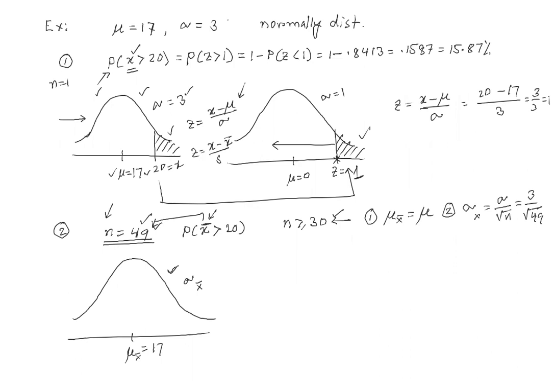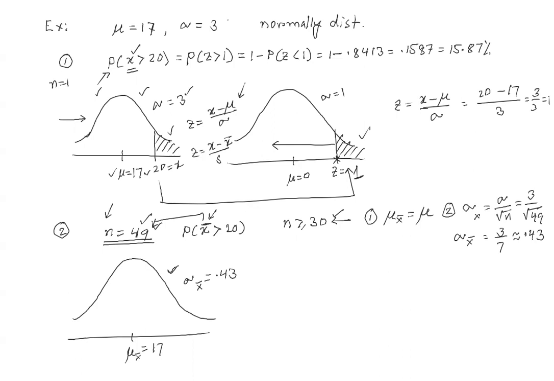So sigma sub X bar is equal to 3 over 7, because square root of 49 is 7. 3 divided by 7, by the way, is 0.428, so I round it to 0.43. Okay, so sigma sub X bar is 0.43.